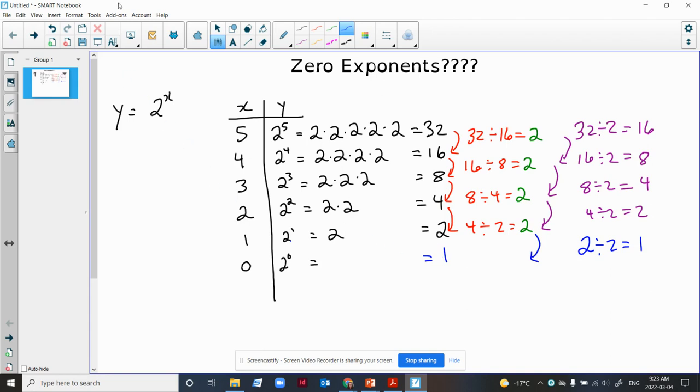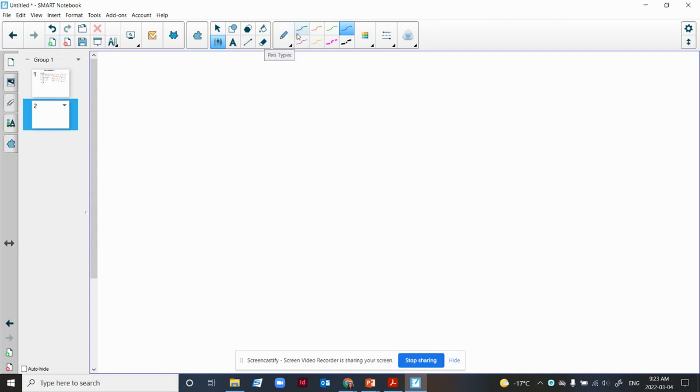So let's do another example. Let's do y equals 5 to the exponent x. We're still going to do our table of values to organize our information. Let's not do quite as many. So let's do 5 to the exponent 3.